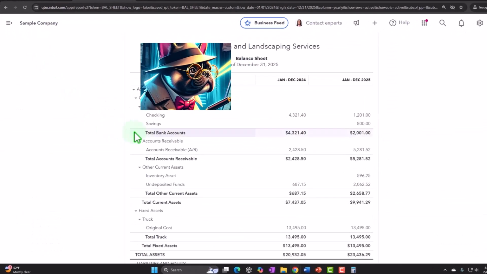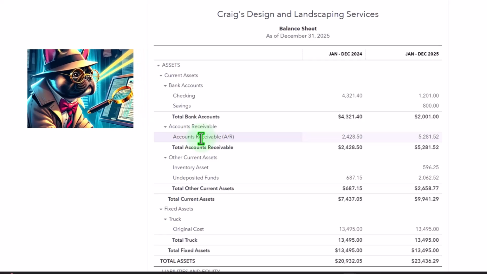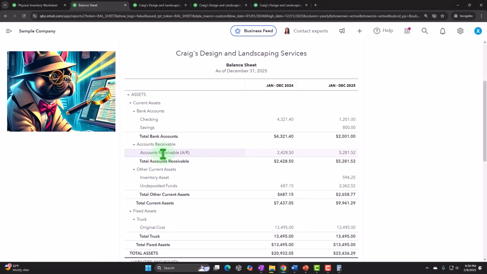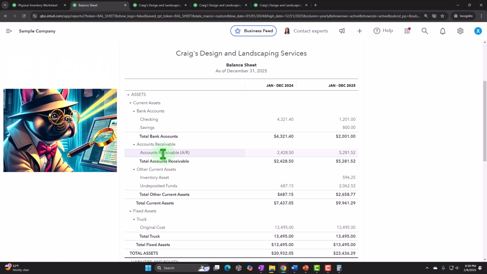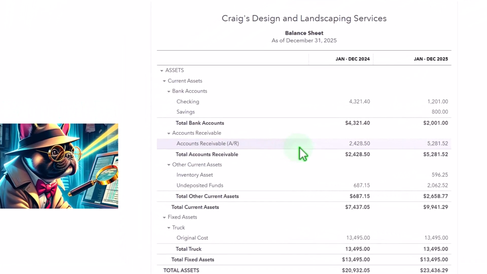So the subsidiary report for accounts receivable would break out the same information, not by date of transaction, but by who owes us the money, by customer. And remember that the accounts receivable report actually forces the sub-report to be in balance, because every time we post something to accounts receivable, it forces us to include a customer.